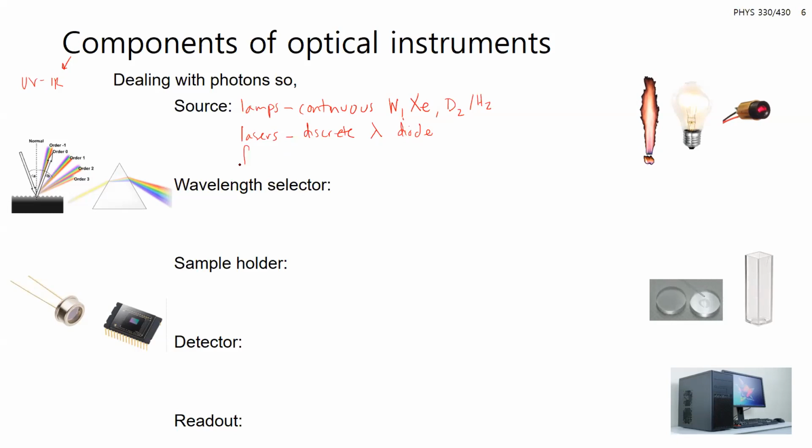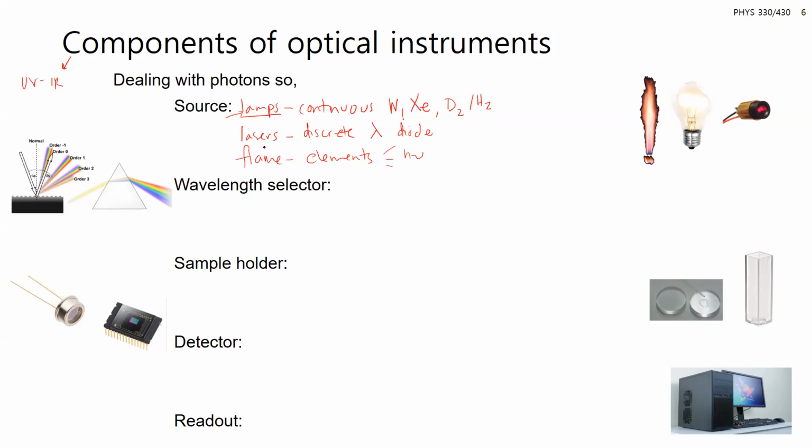And then even, I have here in these little drawings that a flame can act as a source where you pass through certain elements, and by burning them, those elements will emit their own photons there. So these are common sources. If you're using a range of wavelengths, you'll more typically see lamps.